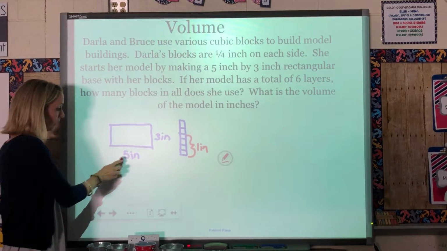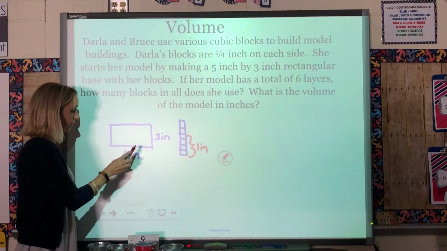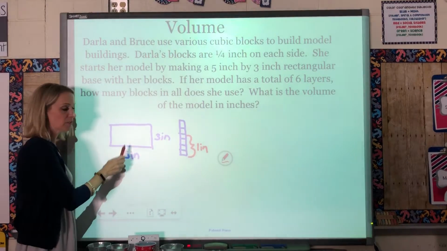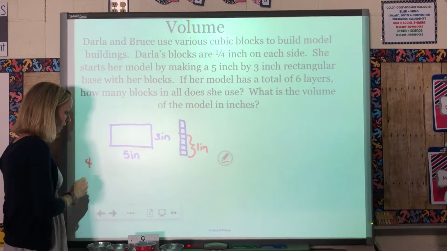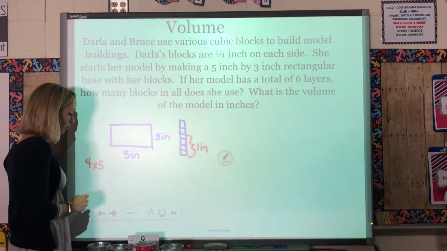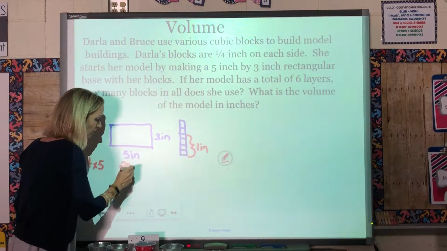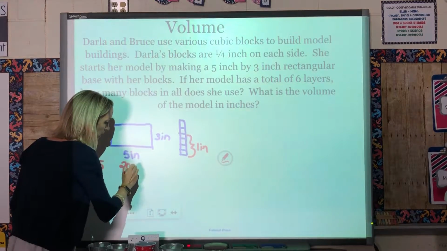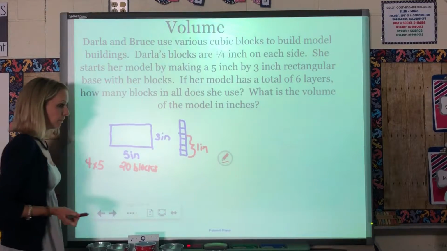So if I have 5 inches, each of these 5 inches is 4 blocks, so 4 blocks per inch times 5 inches is going to give me 20 blocks. So this dimension is going to be 20 blocks.